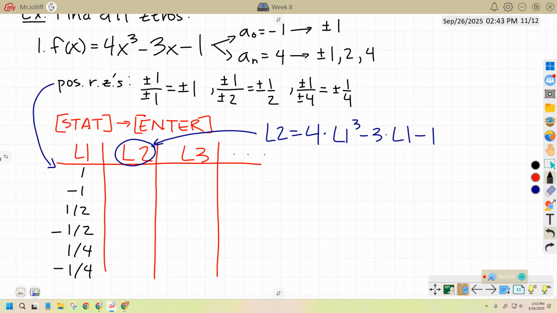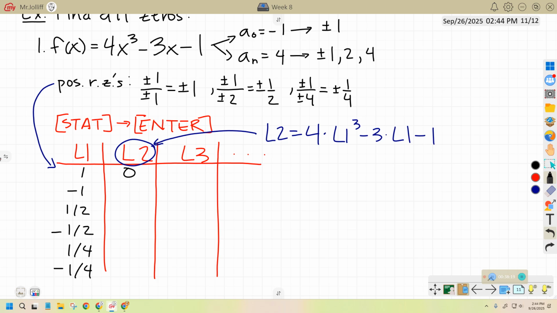So let me check because I haven't done it, and we'll check who's right. 4 times second 1 cubed minus 3 times second 1 minus 1. Yeah, I got what Luis got.